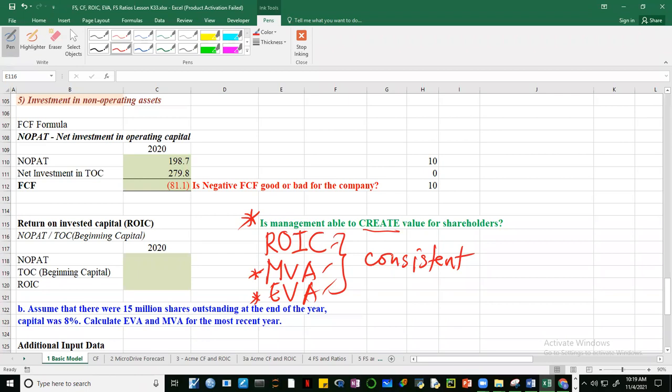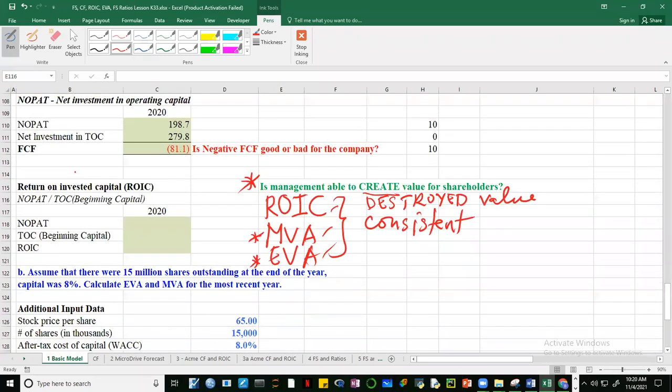They will agree with each other. If one measure says value was not created, rather value was destroyed for shareholders, then whether it's ROIC, MVA, or EVA, it will reflect the same answer.